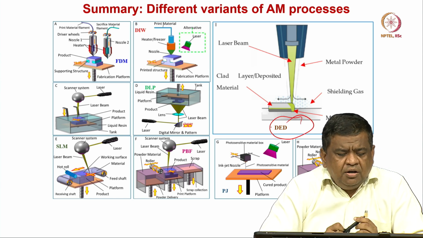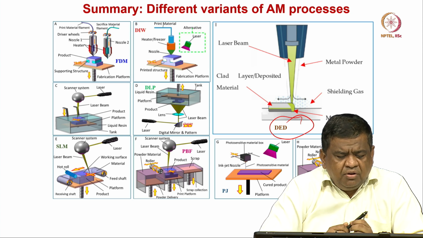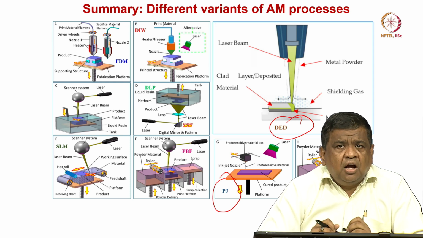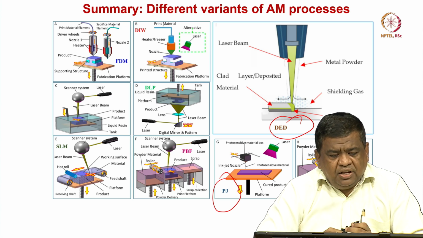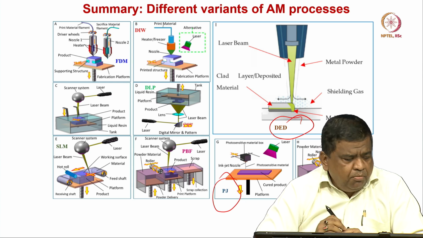Then you have DLP processes, digital light based processing. Then powder bed fusion, inkjet printing processes or powder jet printing processes or binder jet printing processes. Although all the processes are not covered in this lecture and the previous lecture, I have given an overview of most of the processes which are most important for metal additive manufacturing.